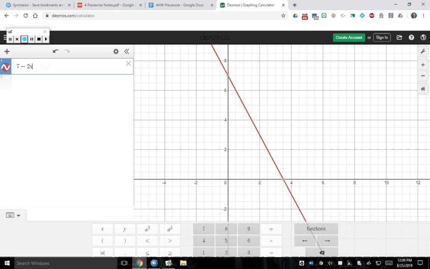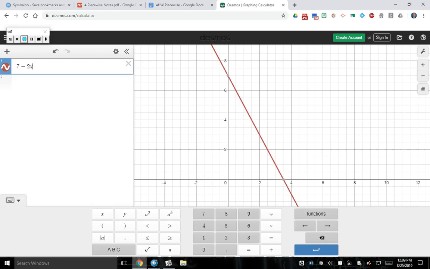But if I wanted to domain restrict this, what I can do is put in the domain in braces. Okay, so let's go to, let me see, it will be with braces. So I'm going to go back to my computer just real quick, and I'm going to show you this domain restriction when it's less than 3. Okay.